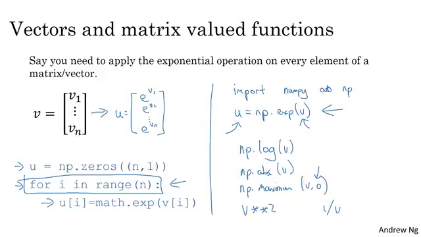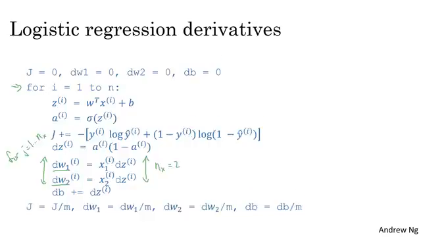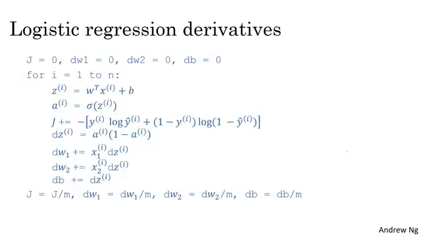Let's take all of these learnings and apply them to our logistic regression gradient descent implementation and see if we can at least get rid of one of the two for loops we had. Here's our code for computing the derivatives for logistic regression, and we had two for loops. One was this one up here, and the second one was this one.